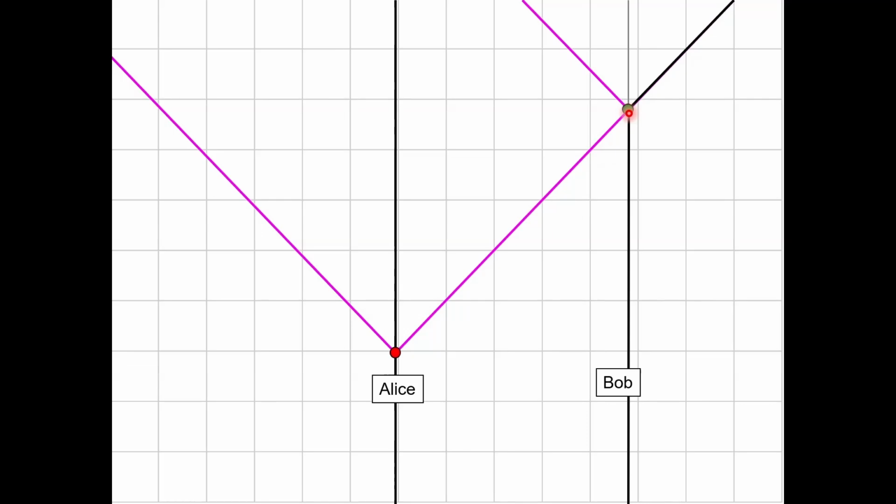And in that case, the field that is created over here by Alice's charge affects Bob's charge by wanting to change its trajectory to the opposing information track that it was created along. So in this way, it wants to change the trajectory in this manner.